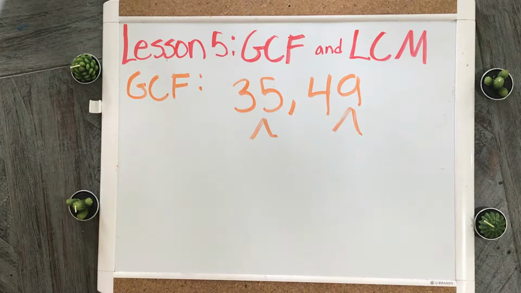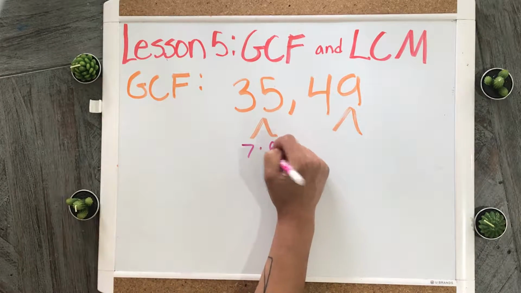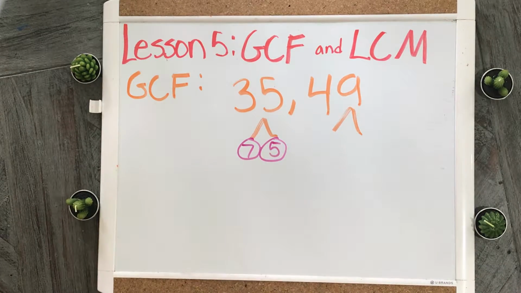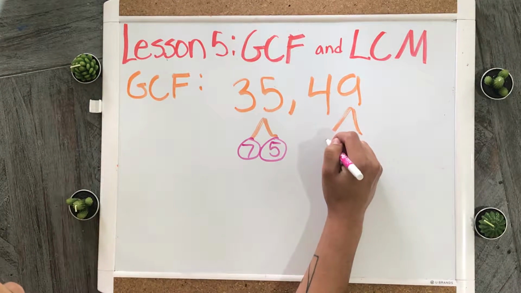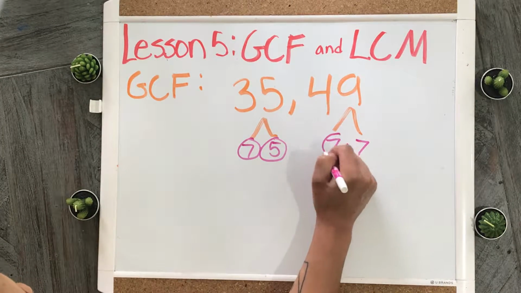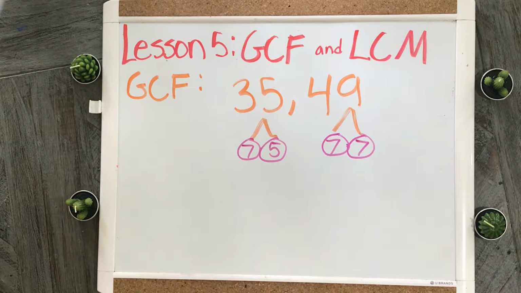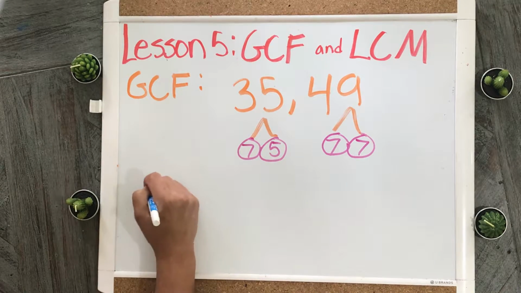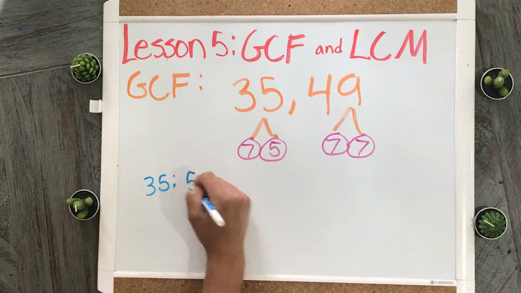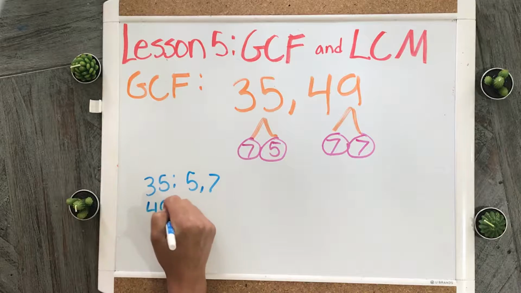Okay. For 35, I multiplied 7 times 5, where both are prime. Now for 49, I multiplied 7 times 7, where 7 is prime. So we are there at the bottom. Now let's see what we've got. Let's line them up. 35, we've got 5 and 7. 49, we've got 7 and 7.